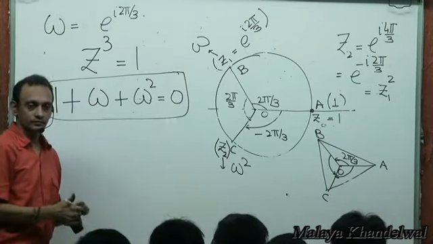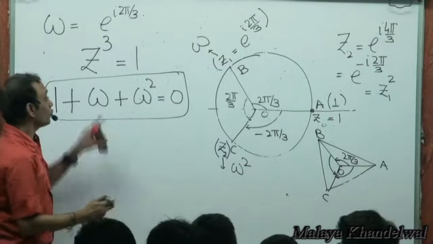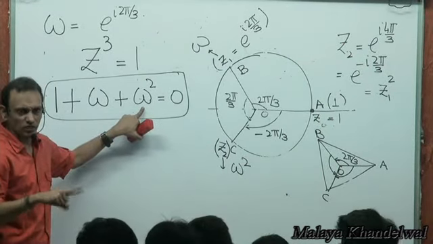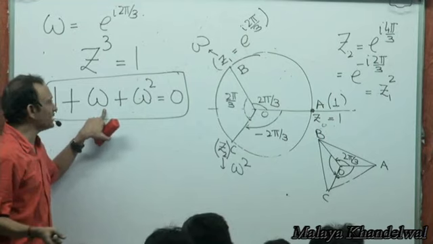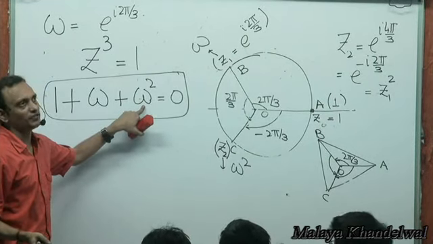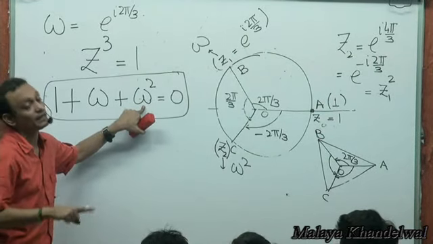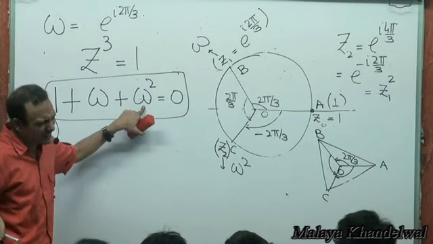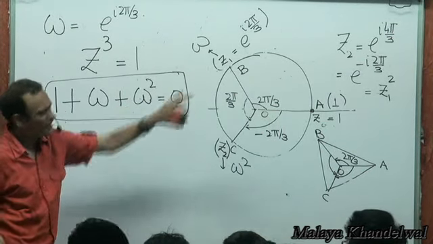Clear? Where omega and omega squared, I repeat, are conjugates of each other. If this is e power i 2 pi by 3, this is e power i 4 pi by 3, which is the same as e power minus i 2 pi by 3.